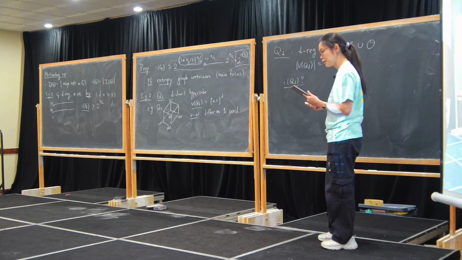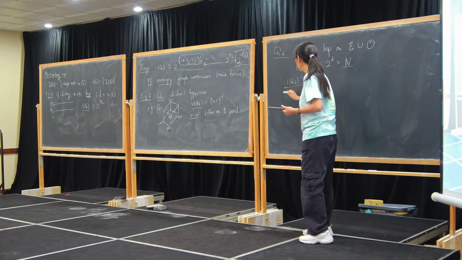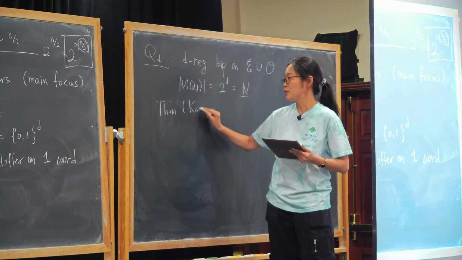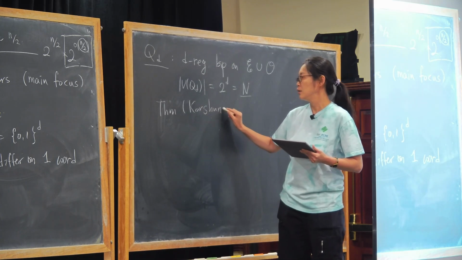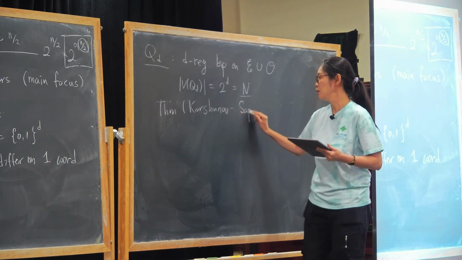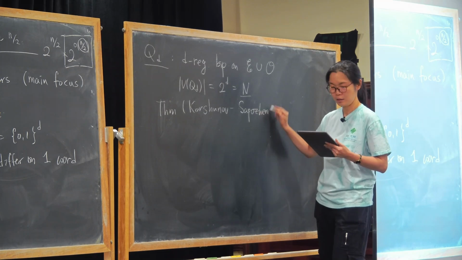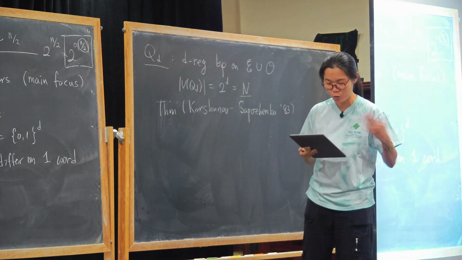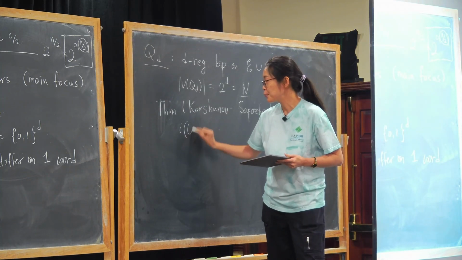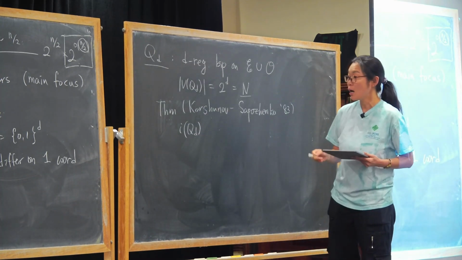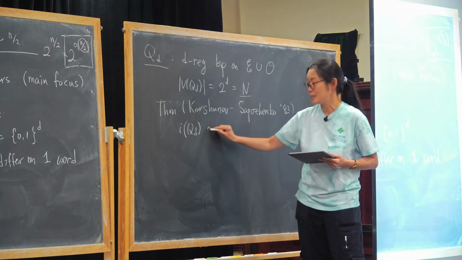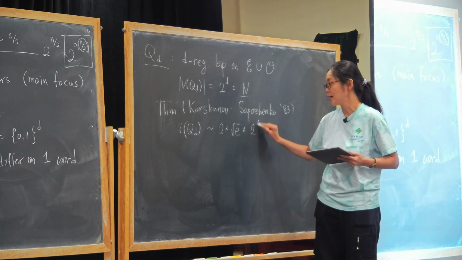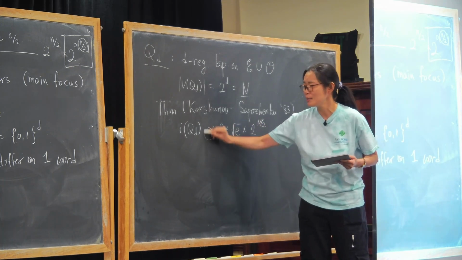And this was proved quite a while ago. So this is the theorem by Korshunov and Sapozhenko from 1983, so before most of us were born. And they proved that the number of independent sets is asymptotic to 2 times root e times 2 to the N over 2. Do you know what this symbol means?